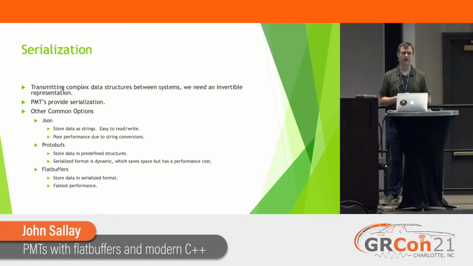Protobufs is a protocol that is maintained by Google, and it stores everything in predefined structures. And it's got a very ingenious packing scheme where you're able to transmit the data very efficiently over the wire, but there's some computational overhead associated with that.